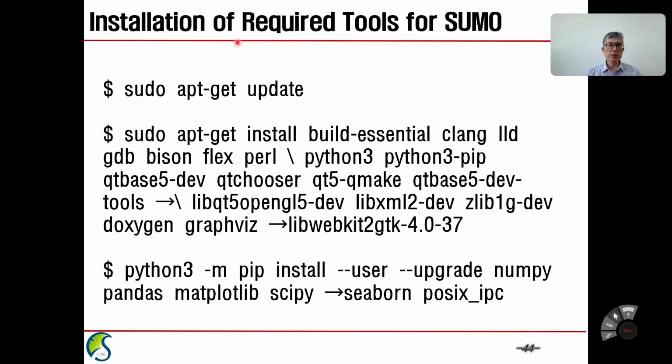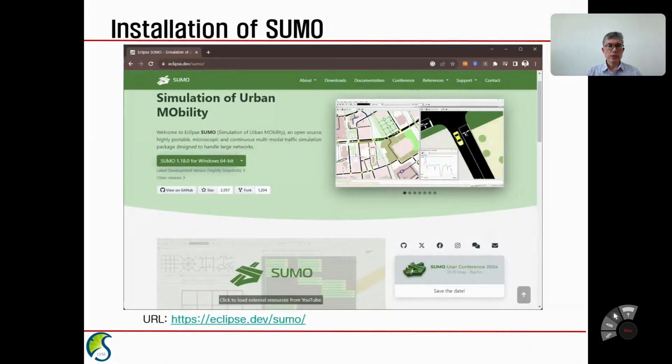For installation of the tools for SUMO on Ubuntu, you apt-get update the library information, and then you apt-get install these kinds of libraries, okay, and then Python 3, and the build libraries, and then the installation of SUMO.